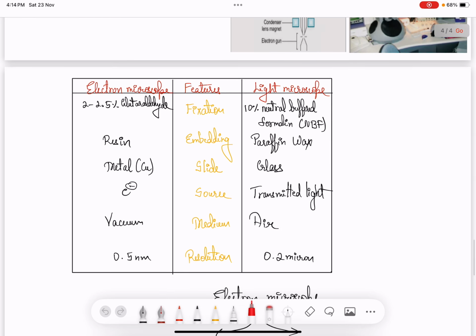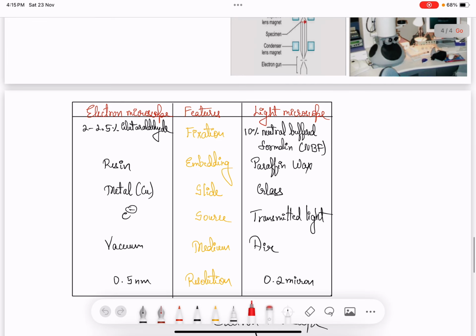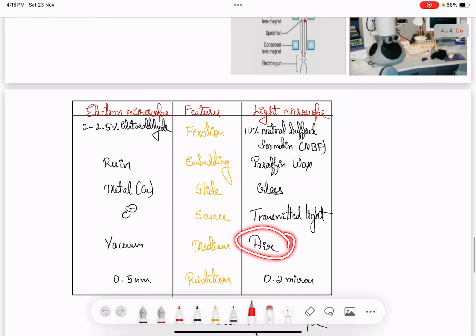Next, coming to the difference between the light microscope and the electron microscope. The first is the resolution, which was our initial point. The resolution of the light microscope is 0.2 micrometer, and the resolution of the electron microscope is 0.5 nanometer. What is the medium used? For the electron microscope, you use vacuum, but for the light microscope, it is air.